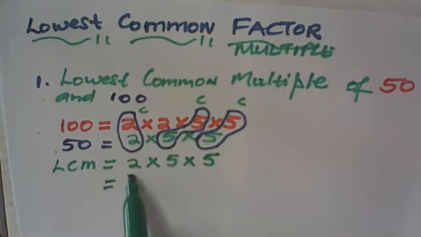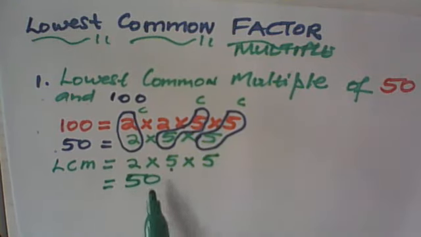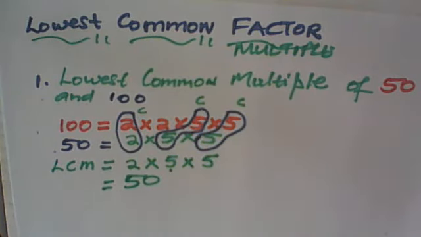Now 2 times 5 is 10, times 5 gives you 50. Now the lowest common multiple or factor is 50. That's it. That is 50. So we need to do that.